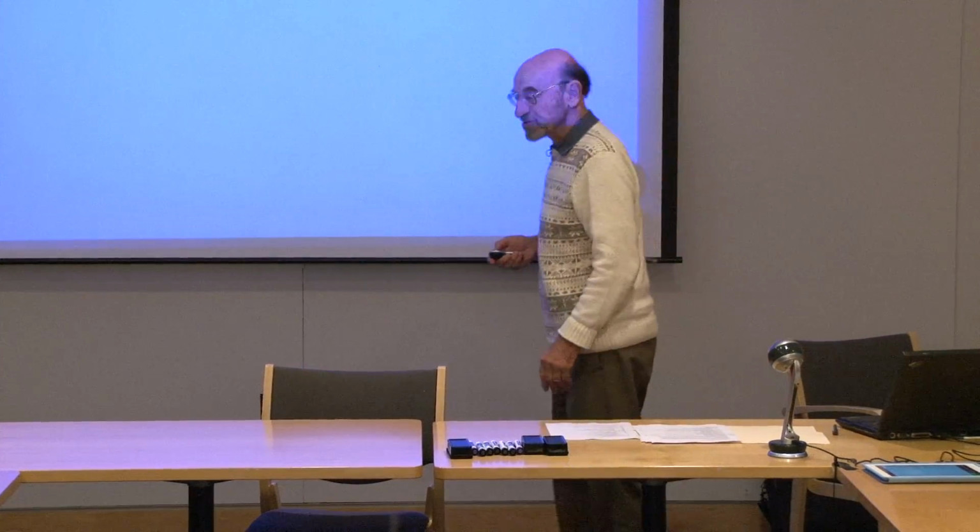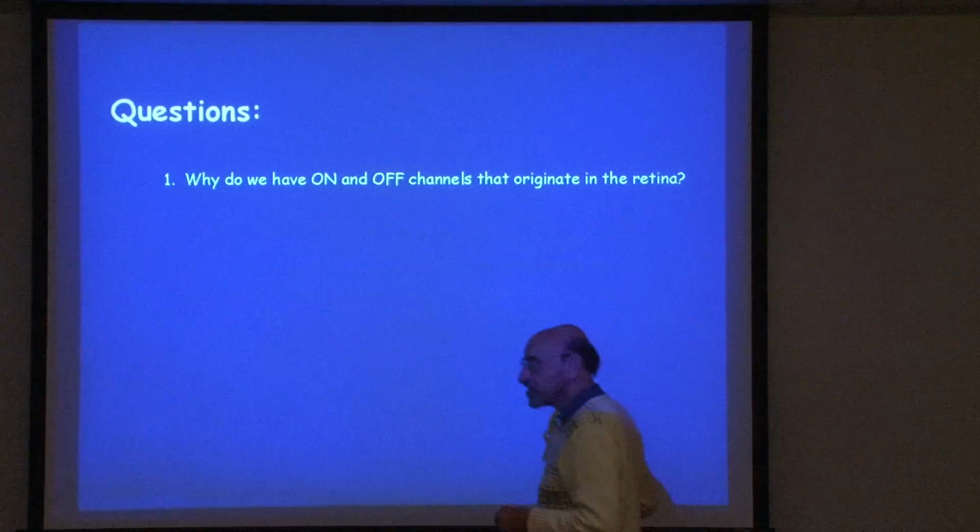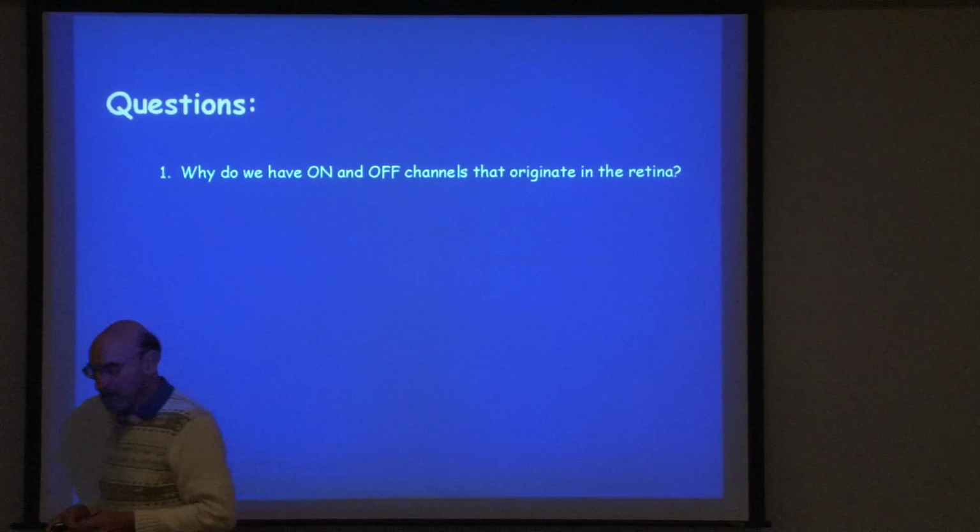All right, so therefore, let me get started with the so-called on and off channels. What I would like to do first of all is to tell you what are the major questions we are going to pose in dealing with this very, to me at least, very interesting question of the on and off channels. The first prime question we're going to ask is, why did the on and off channels evolve?